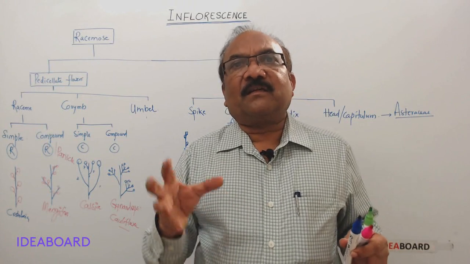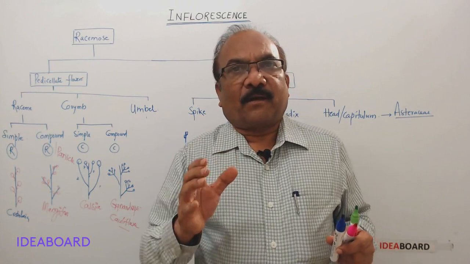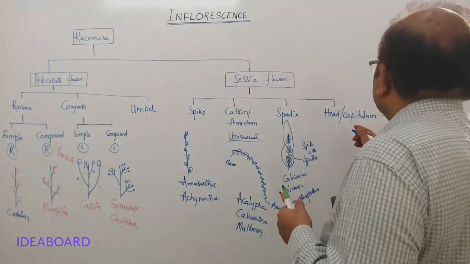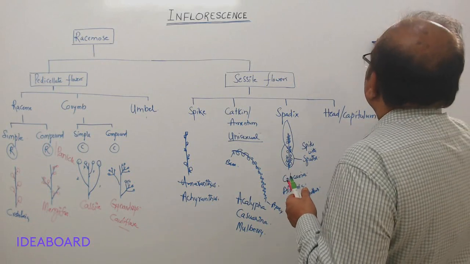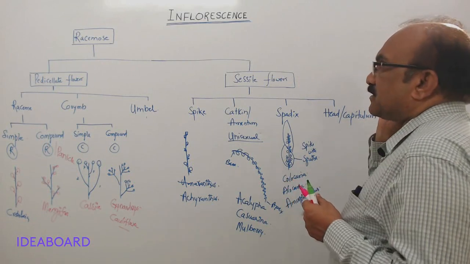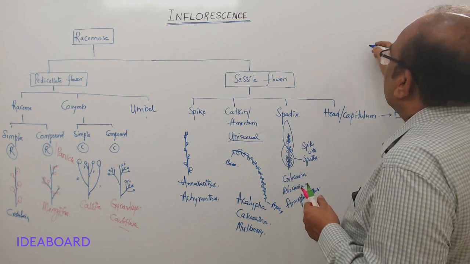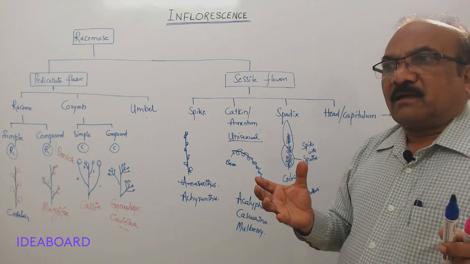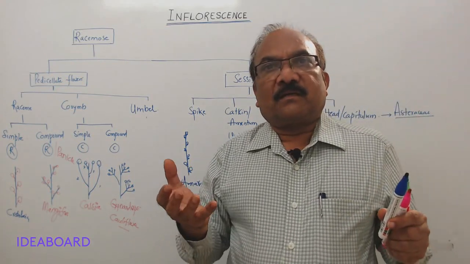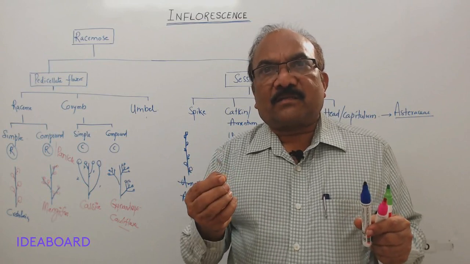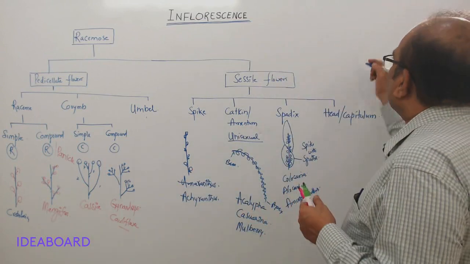Sunflower is an inflorescence. In this head inflorescence, you will find many flowers, all reduced in size, and these reduced small flowers are called florets.